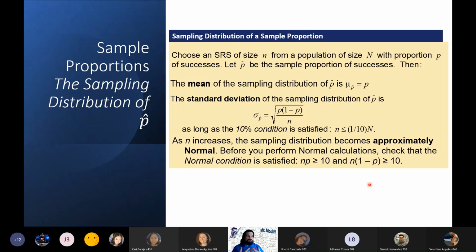So if we want to do calculations using normal approximations, we have to check the large counts condition. If we want to calculate the standard deviation of a sample proportion, we have to check the 10% condition. This needs to be in your notes.